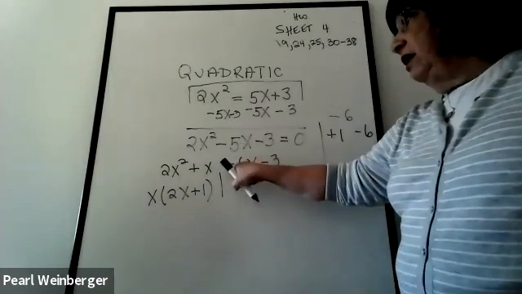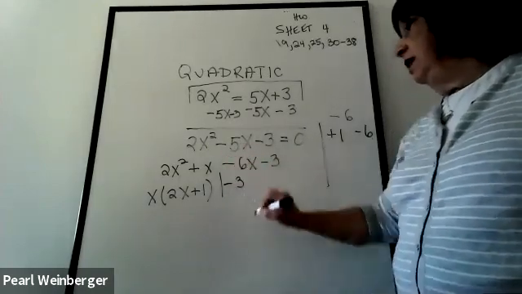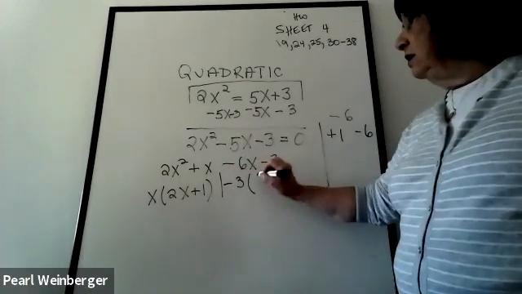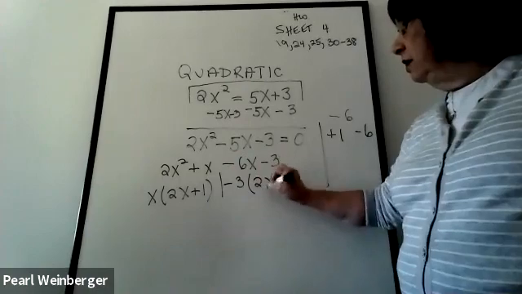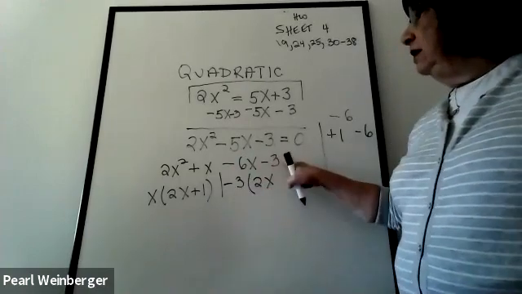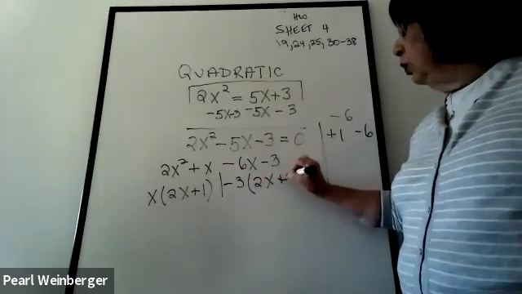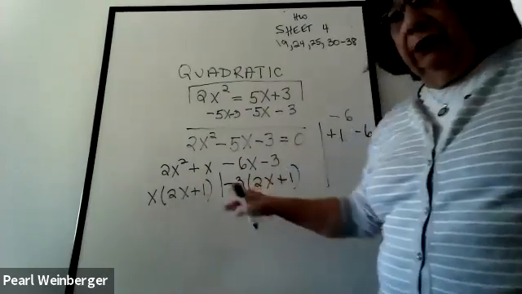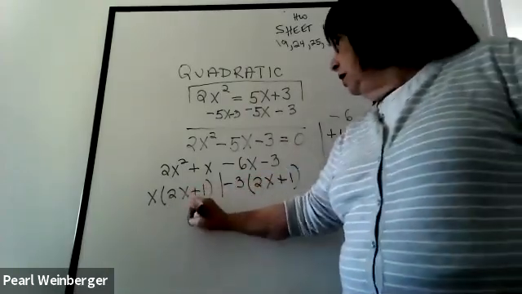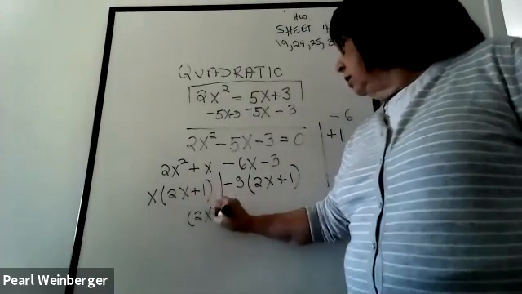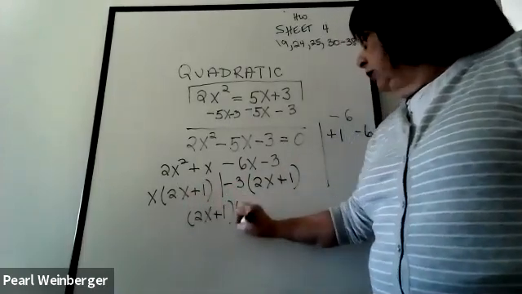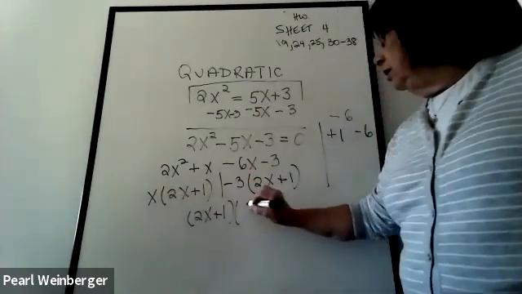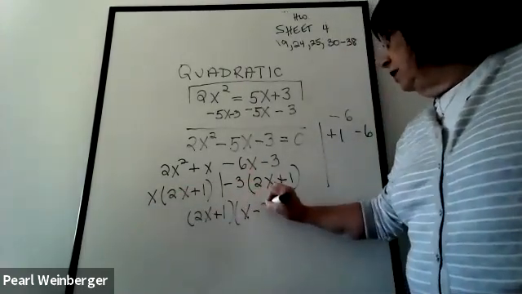But since it starts with a minus, negative 3 is the common factor. Negative 3 into negative 6x is positive 2x. Negative 3 into negative 3 is plus 1. And I see that my common binomial factor is 2x plus 1. That's the first factor. And the second factor is whatever is on the outside, which is x minus 3.